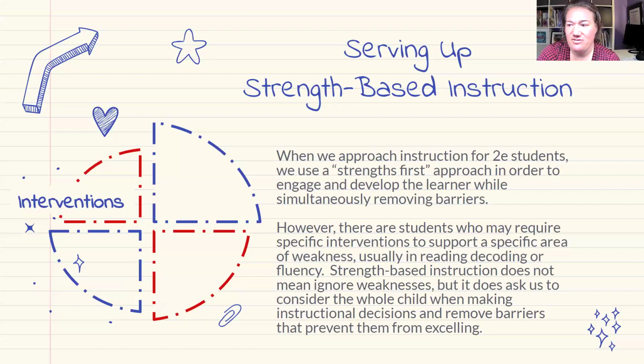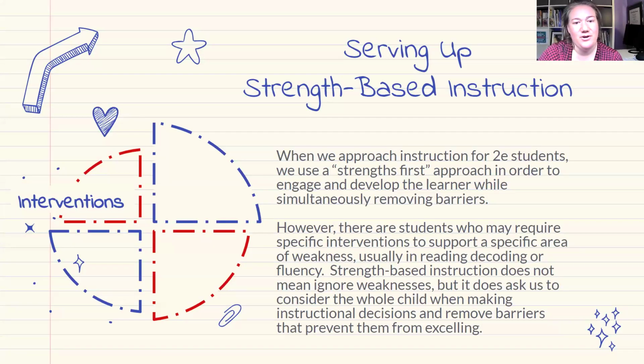When we're using that strength-based approach, interventions are not necessarily specific interventions like a reading intervention, but rather us intervening in the process that is creating barriers for our learners. What is there and how are we intervening to remove those barriers for our students?